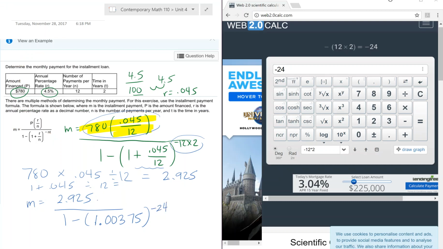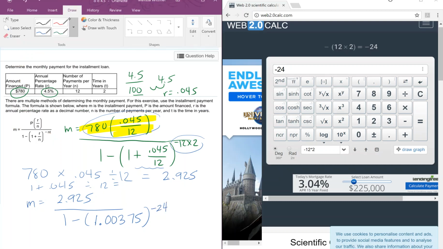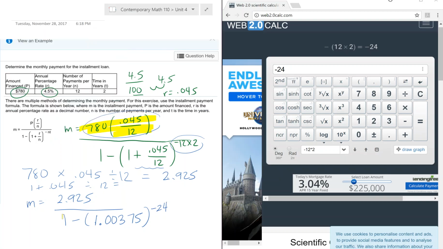So the next step in the solution is to go ahead and simplify this entire denominator expression, and you can type this in one step. You're going to type in 1 minus, so hit clear, 1 minus 1.00375, and then we're looking for our exponent key.